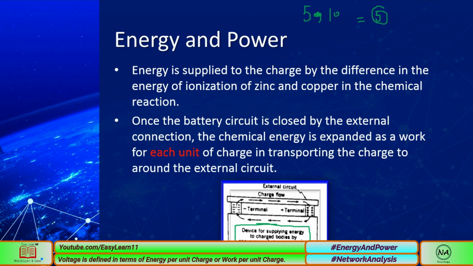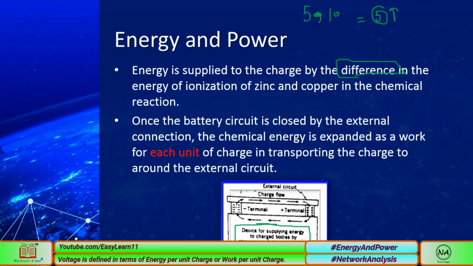Energy is supplied to the charge by the difference in the ionization energy of zinc and copper, so the difference counts. If there is a high difference in the energies of copper and zinc when their reaction occurs, then the higher the difference, the higher the energy, the higher the output voltage.